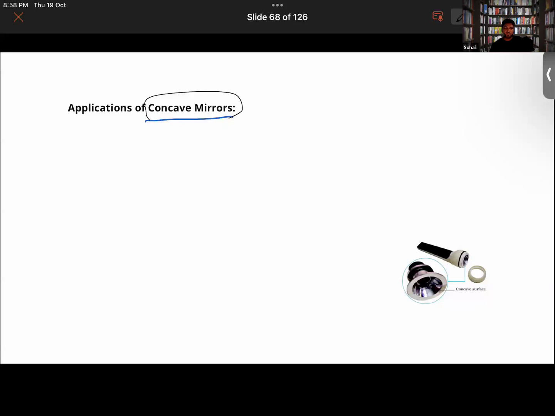Do we consider the real image more or the virtual image more? For most positions of the object in the case of a concave mirror, you get a real and inverted image. You will get a virtual image only when the object is put very close to the mirror.